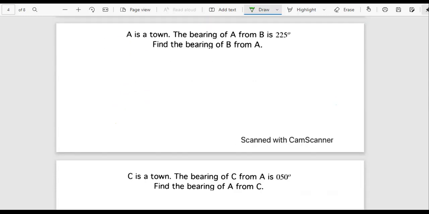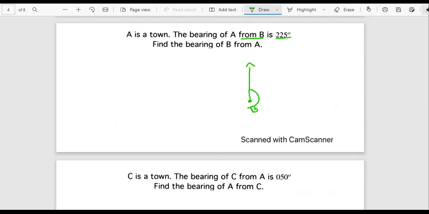Okay. Now it says A is a town. The bearing of A from B is 225. Okay. Again, we need to talk about from B. So this point is B. I am going to make north on B. It is 225. So I'm going to start from here.